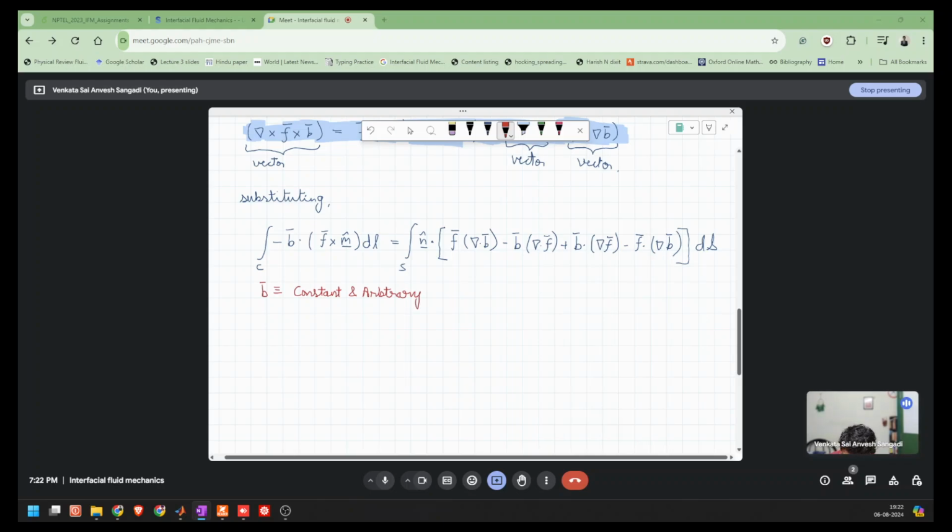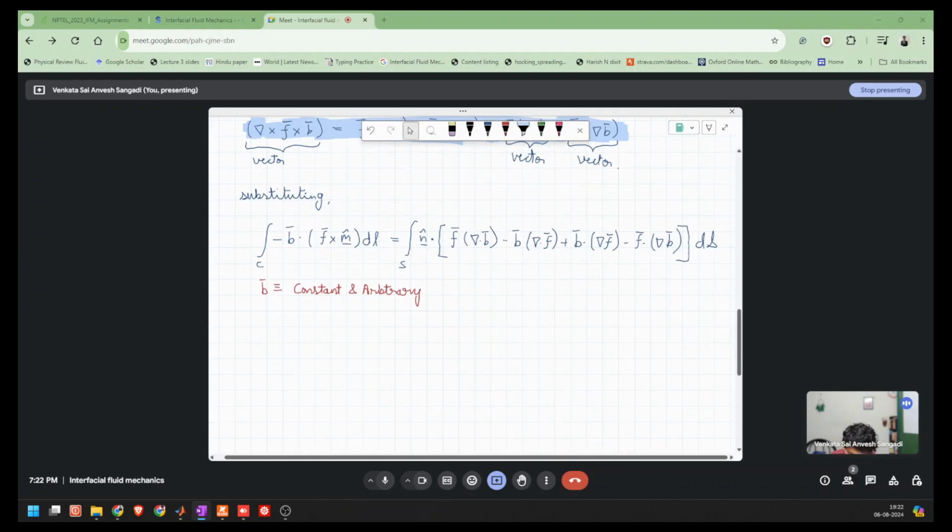Owing to the fact that B vector is a constant, the terms del dot B vector, that is divergence of B, is identically equal to 0. Similarly, gradient of B will also drop out.